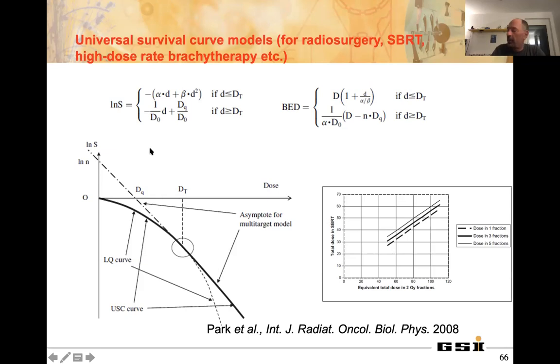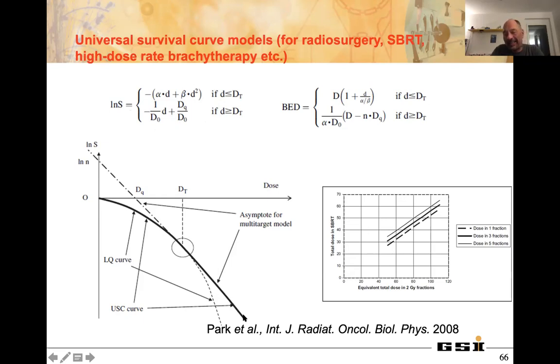So which curve can be used in that case to calculate the dose in SBRT? One of the simplest ways is in this paper, where they propose a mixed model, which is a combination of the linear quadratic and, you recognize it here, the multi-target model. So the multi-target model will give you a purely exponential curve with an interception up here, of course.